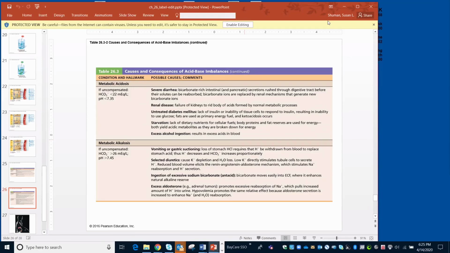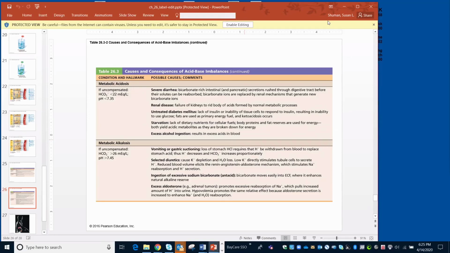Okay, so let's talk about this for a second. If I have fully compensated metabolic acidosis, let's talk about how we got there. Metabolic acidosis means that I have too much acid left and I've lost bicarb. Would you agree? The numbers are showing that, correct?